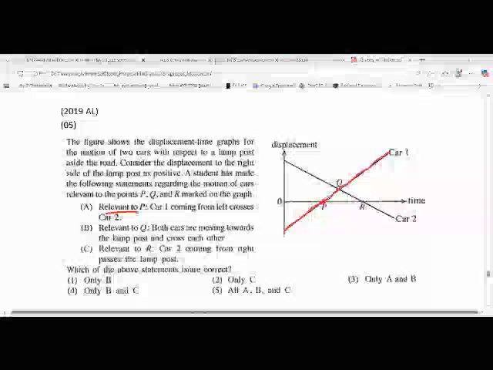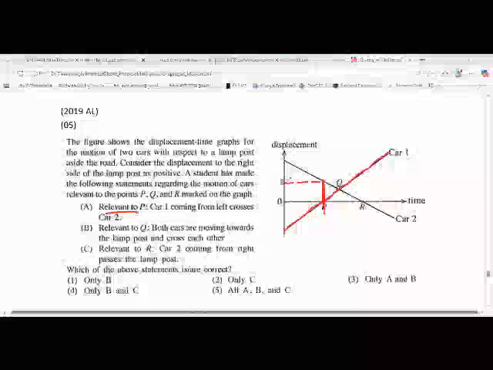We can tell he is near the lamp post. Okay, here. Then we can't tell about this time. What about car 2? Then we consider this time. Car 2 is on the right side.